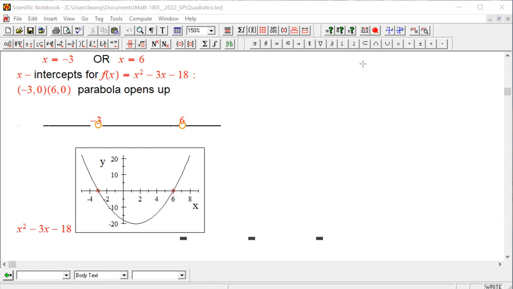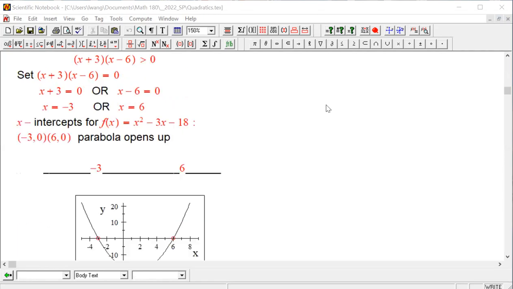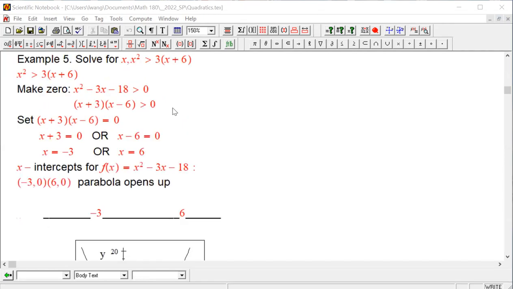And what do we want the function to be? We want the function to be positive, don't we? We want the product to be positive. You can see logically how we get to this point, right? If this is true, this is true. If this is true, this is true.